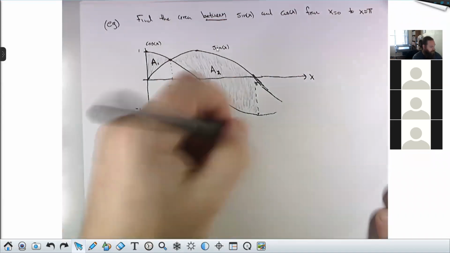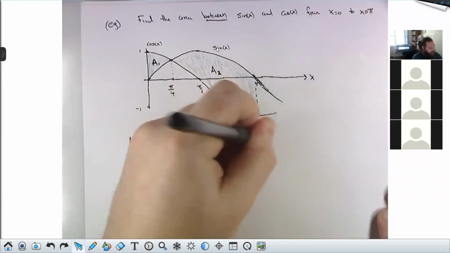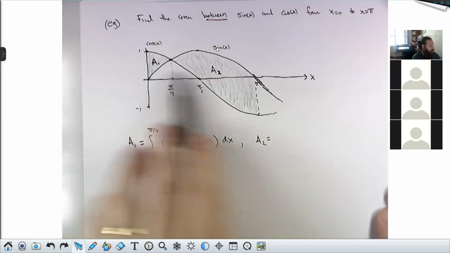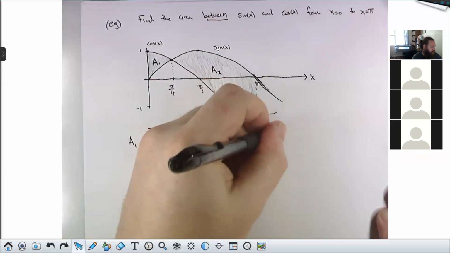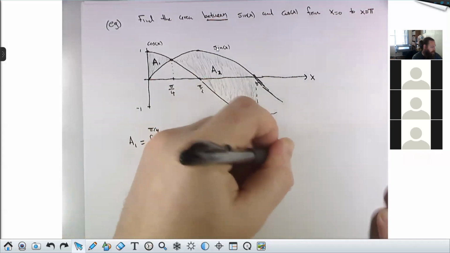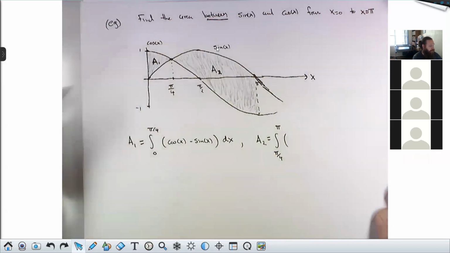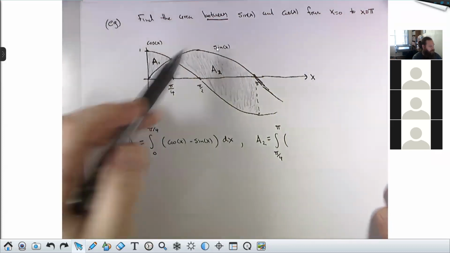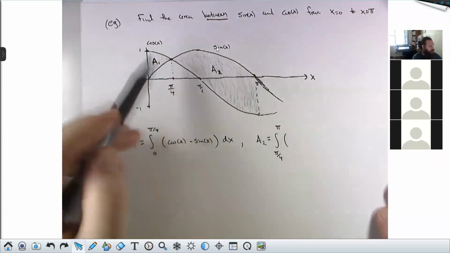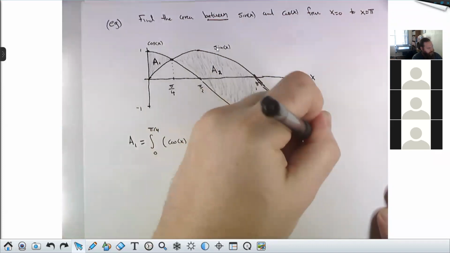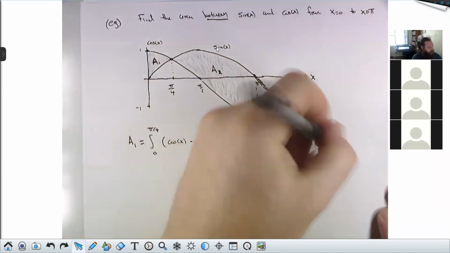And while we're here, A2 is going to be the integral from pi over 4 to pi of the upper function minus the lower function there. Well, the upper function here is sine x, and the lower function here is cos x.